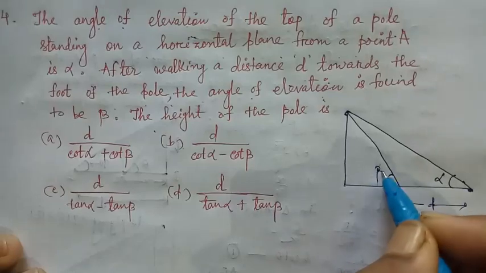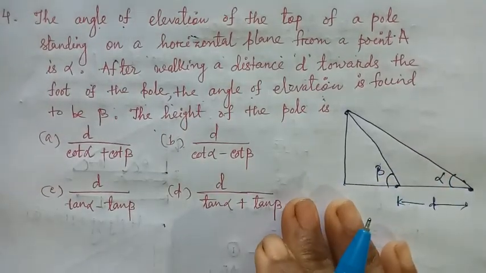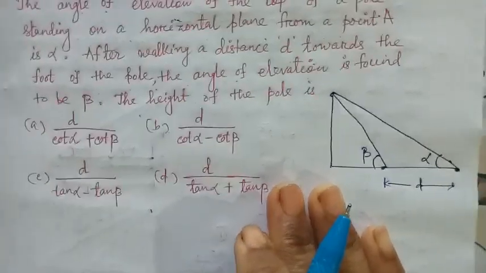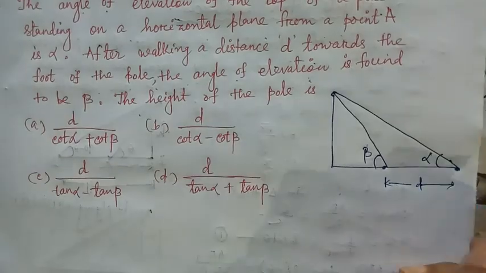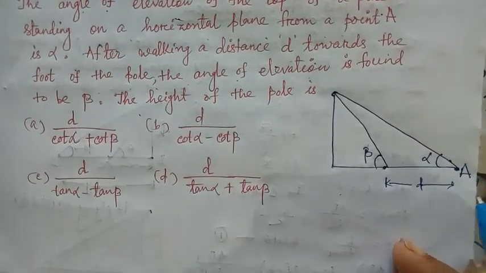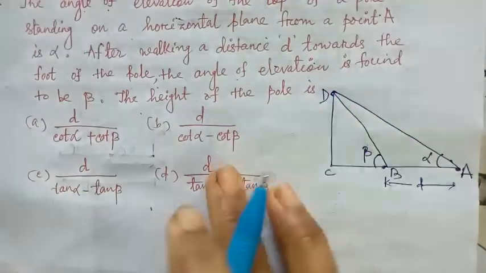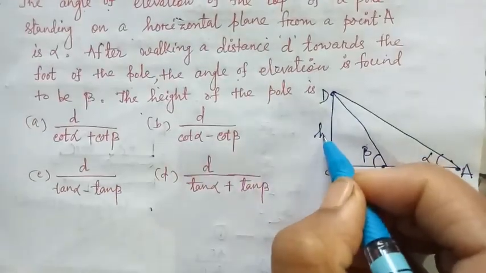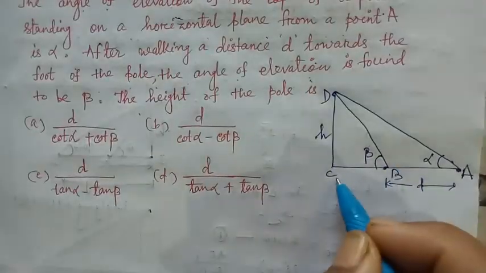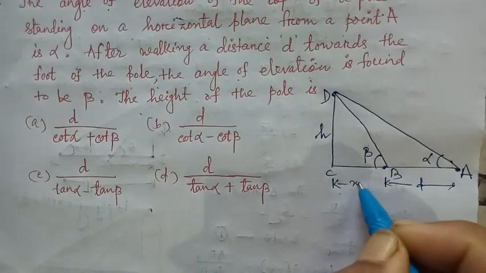It is beta. We have to find the height of the pole. Okay, this is point A, let it be B, then C, and it is D. We have to find out height h. Let BC is equal to x.